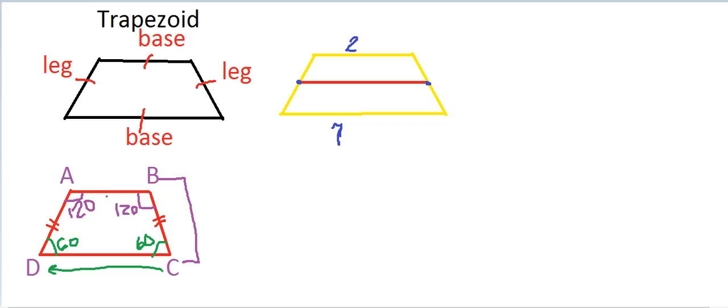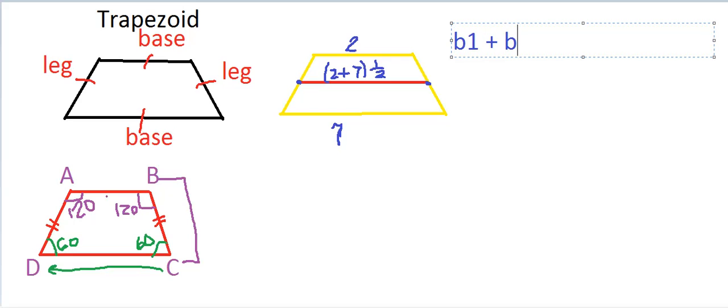What we're going to do is add 2 and 7, and whatever result we get, we take half. Mathematically, it is base 1 plus base 2, then half of it is the middle segment.